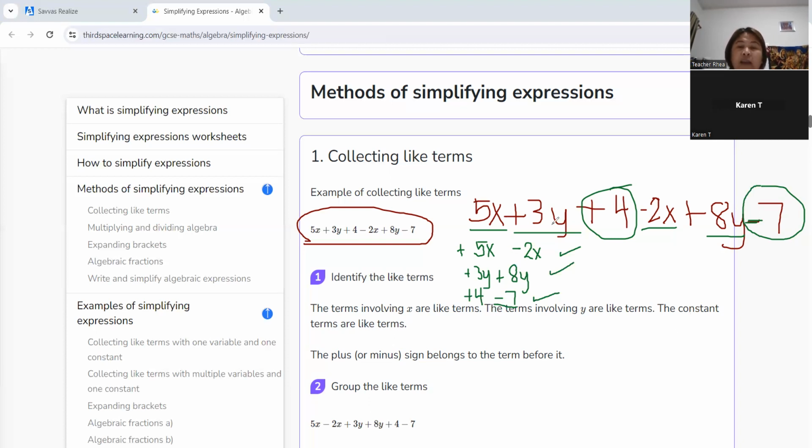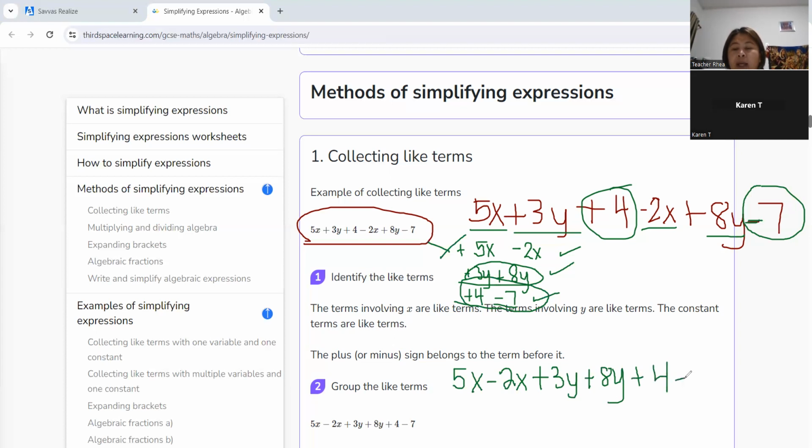Next is to group the like terms. First, group all the x's: positive 5x minus 2x. Next, positive 3y plus 8y. Next, positive 4 minus 7.